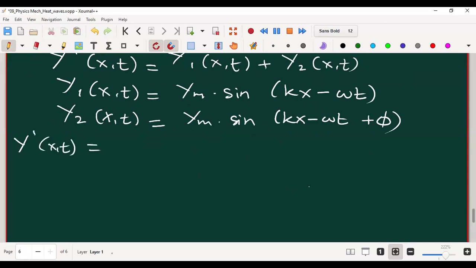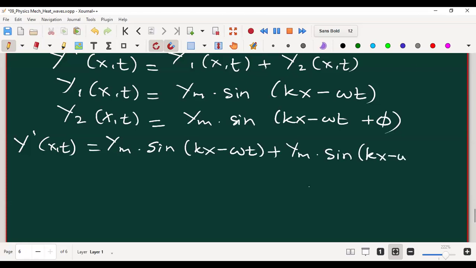This is y1 plus y2: ym sin(kx − ωt) plus ym sin(kx − ωt + φ).